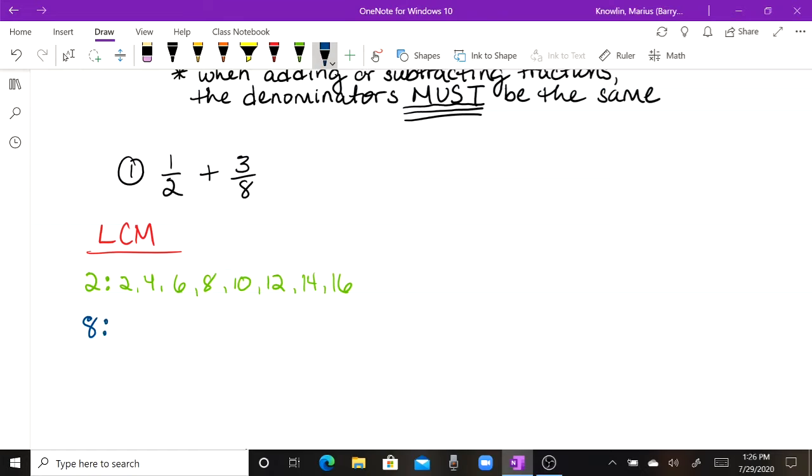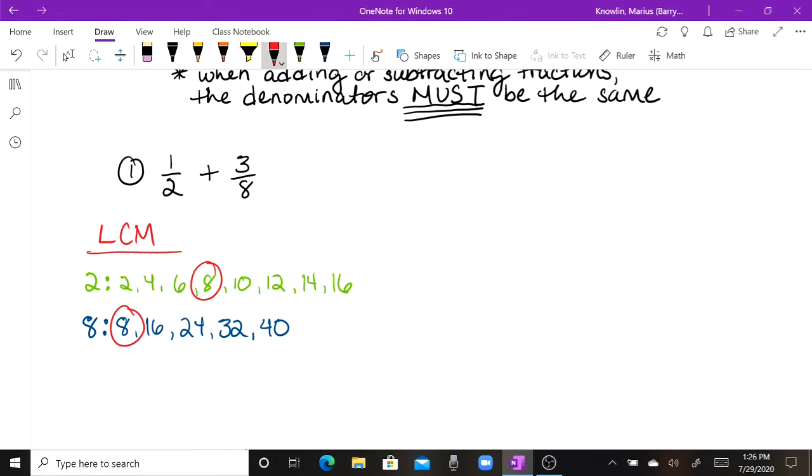For 8's, the multiples are 8, 16, what's after 16? 24, what's after 24? 32, and we'll stop at 40. Well, the lowest number that both of these have in common is 8.